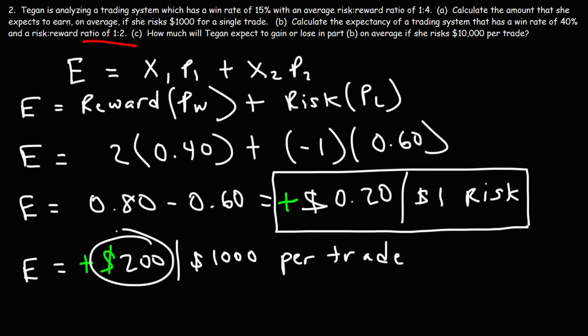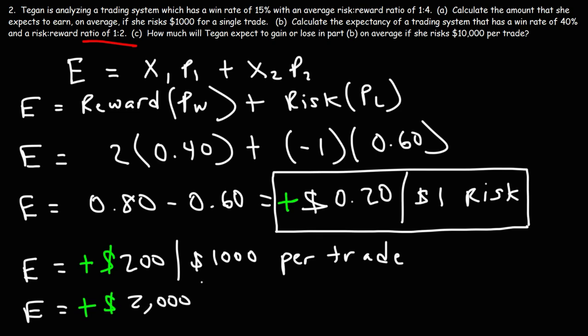To find the answer, you would multiply 0.20 by 10,000. Her expectancy will be that she will make $2,000 for every 10,000 that she risks per trade. So that's the answer to part C.